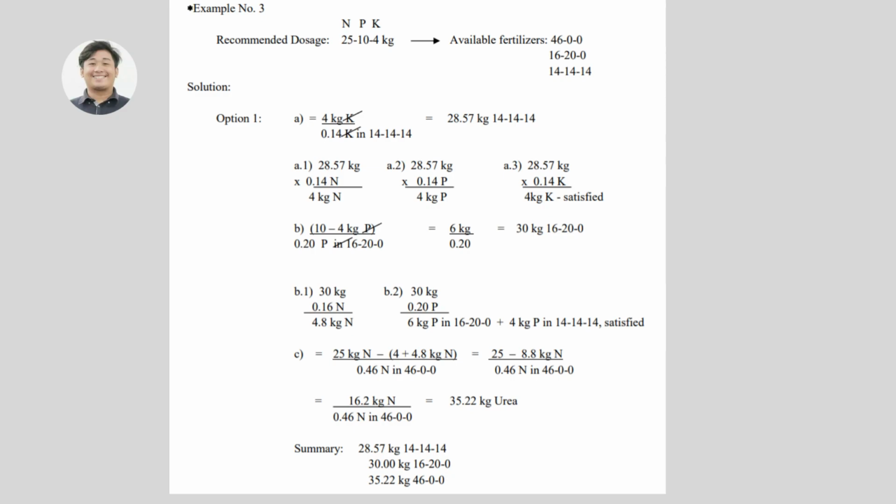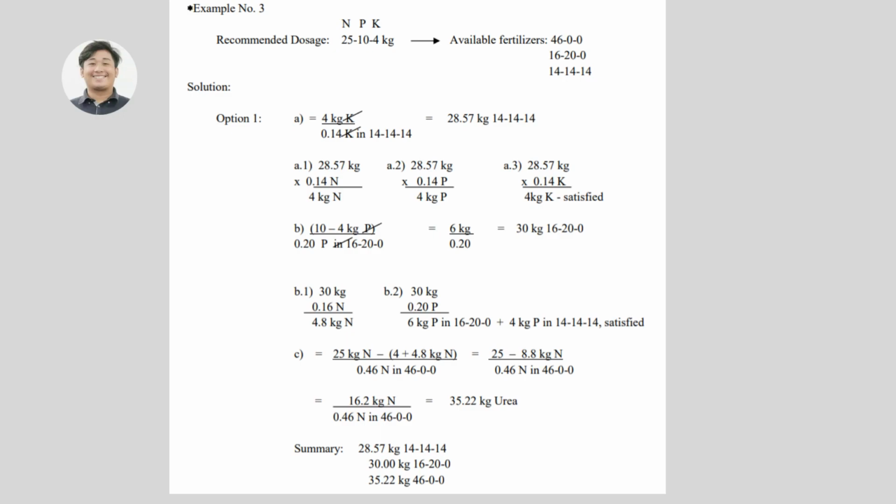So 10 minus 4 is 6 kilograms, divided by 0.20 phosphate in 1620. So 6 divided by 0.20 is equal to 30 kilograms of 1620.